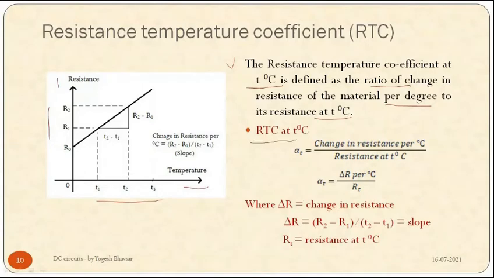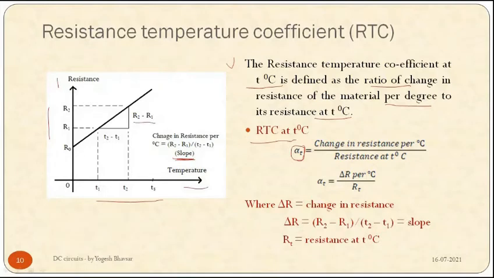In terms of equation, RTC at T degree Celsius is denoted by alpha. Remember this point. So alpha T is equal to, as per definition, the ratio of change in resistance per degree Celsius to the resistance at T degree Celsius. Very simple. For conductors, we have the graph and the curve is linear, so the change in resistance per degree is the slope.